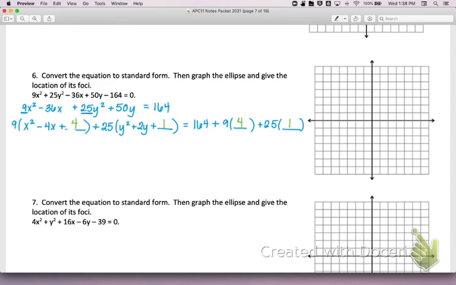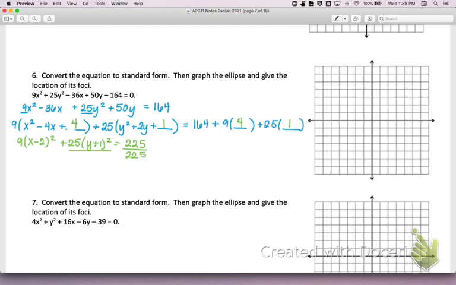So what do we get here? We get 9 times x minus 2 squared plus 25 times y plus 1 squared equals, over here, let's see, we get 164 plus 36 plus 25. So that is 225. Now we're almost there, but remember that to get this in standard form, we have to have this equal to 1.